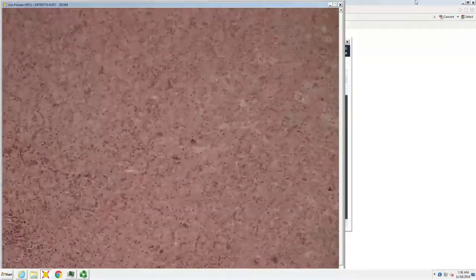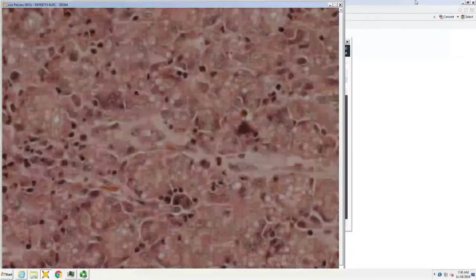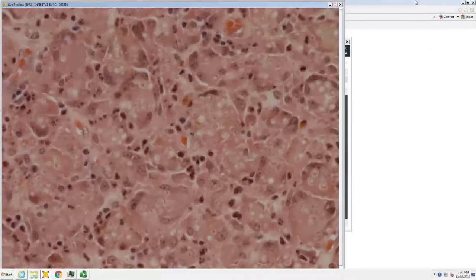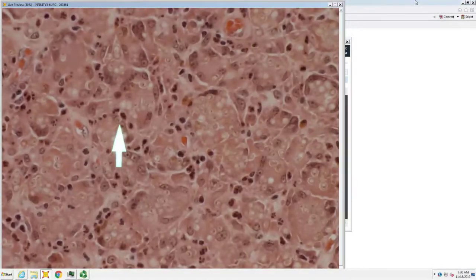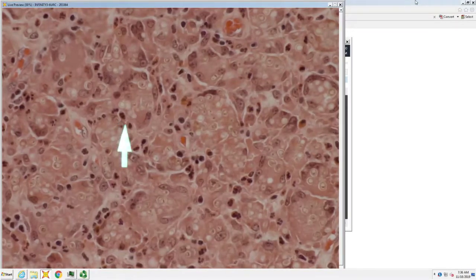Okay, so we've got lots of giant cells filled with an organism. And the organism sits in a little capsule. So it could be Cryptococcus.